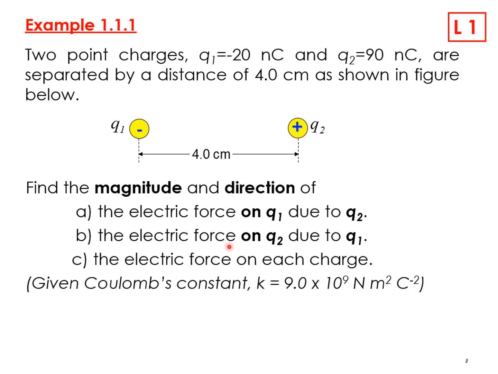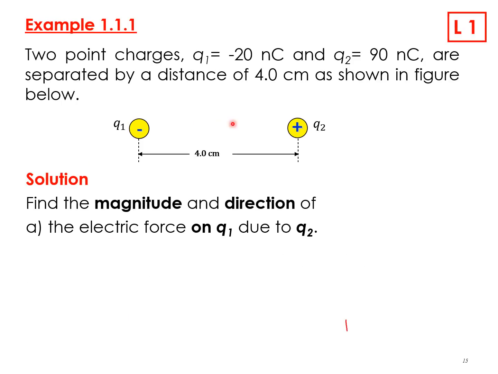B: the electric force on Q2 due to Q1. And C: find the electric force on each charge. Given the Coulomb constant k is 9.0 × 10^9 N m² C^-2.